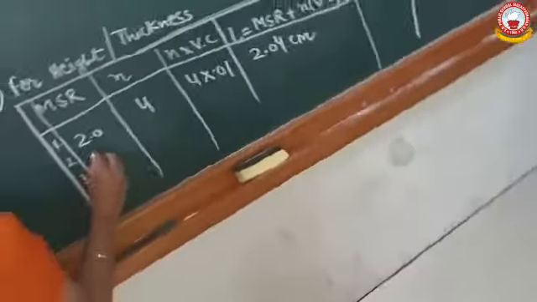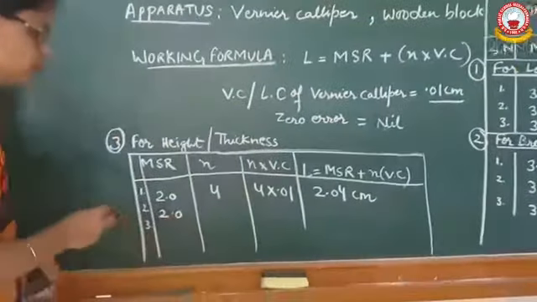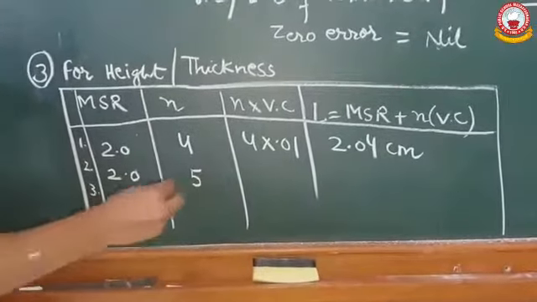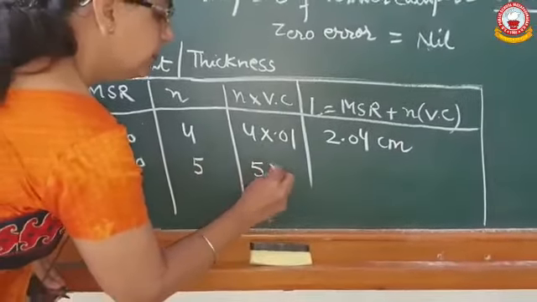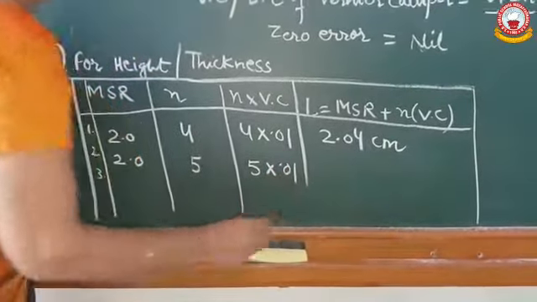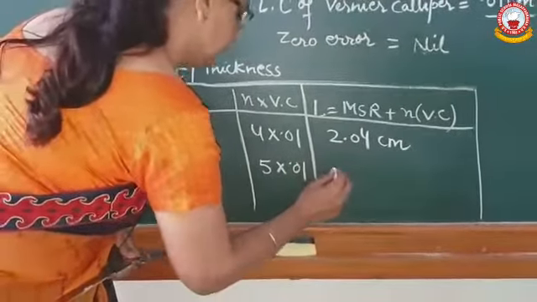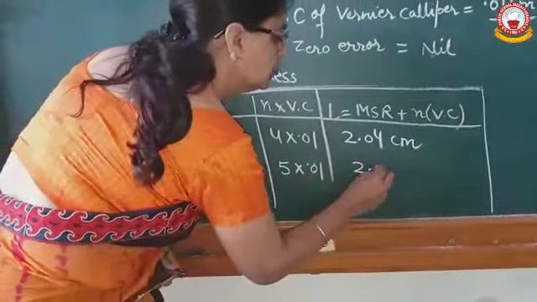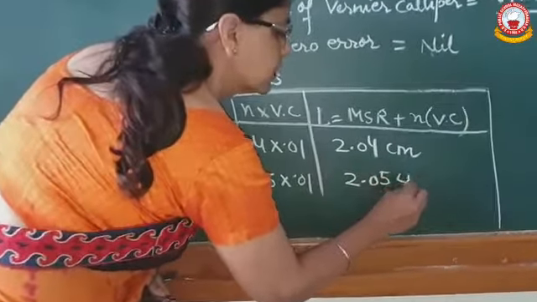So again it is main scale reading 2.0, number of divisions coinciding 5, then 5 multiplied by 0.01, no sorry, correct, it is 2.05 centimeter.